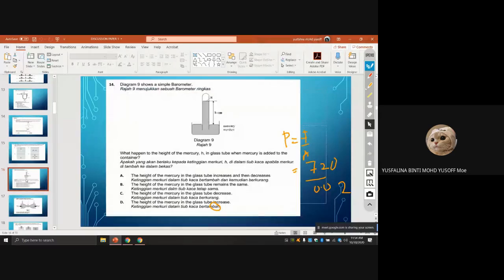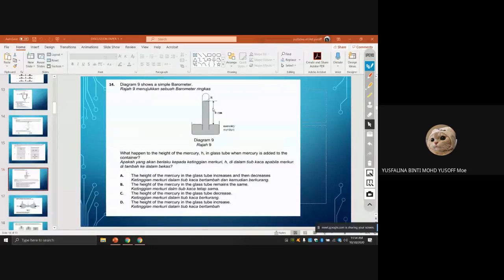Okay, next one. So diagram 9 shows a simple barometer. Okay, so what happened to the height of the mercury H in the glass tube when mercury is added to the container? So H will not change, right? Because here the H actually measures the atmospheric pressure.